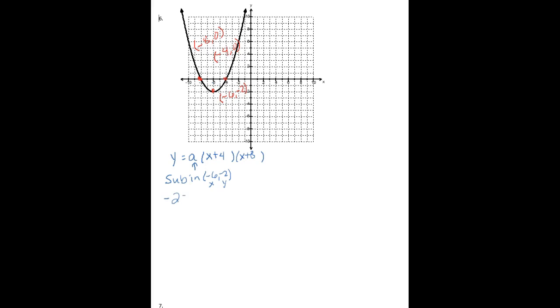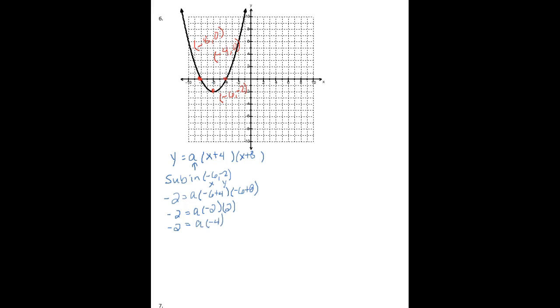So we have -2 equals a, and x is -6 plus 4. X again, replace that with -6 plus 8. -6 plus 4 is -2. -6 plus 8 is +2. -2 times 2 is -4, so a times -4.